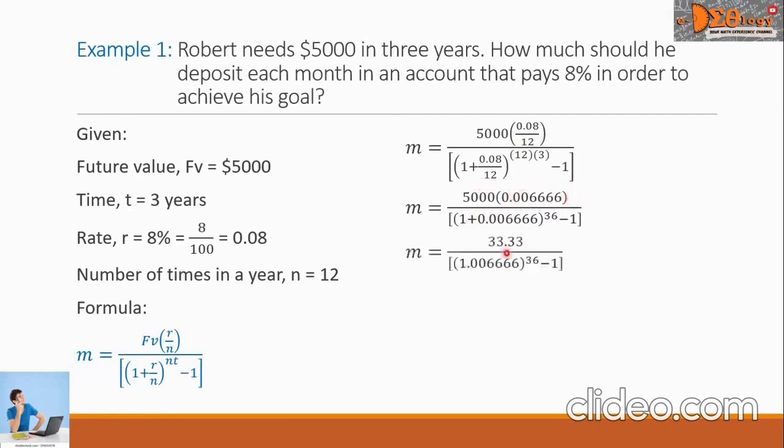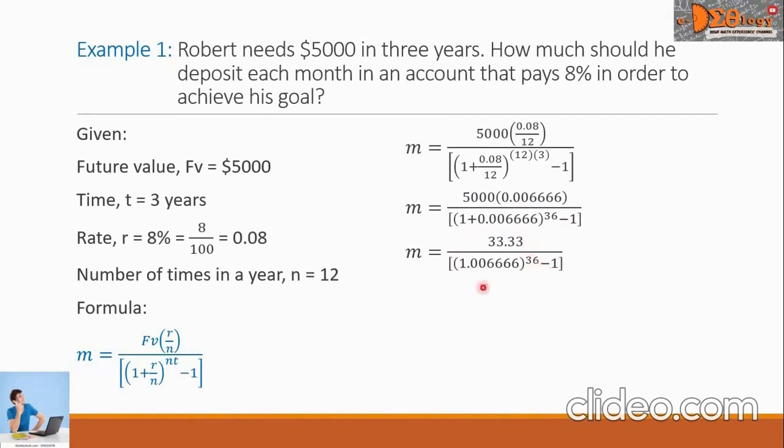So we will get 33.33. In our denominator, we will add this constant 1 plus this pure decimal. Simply, we will combine them together. So we have 1.006666 that is raised to 36. And that minus 1, we will simply copy.